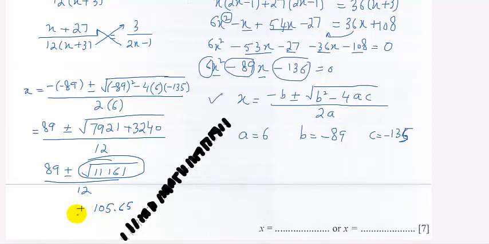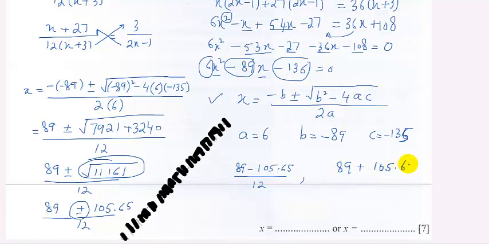Okay, plus minus, 89 over 12. Now we have two solutions because there is a plus minus sign. So what I will do, 89 minus 105.65 over 12, and the second is 89 plus 105.65 over 12.